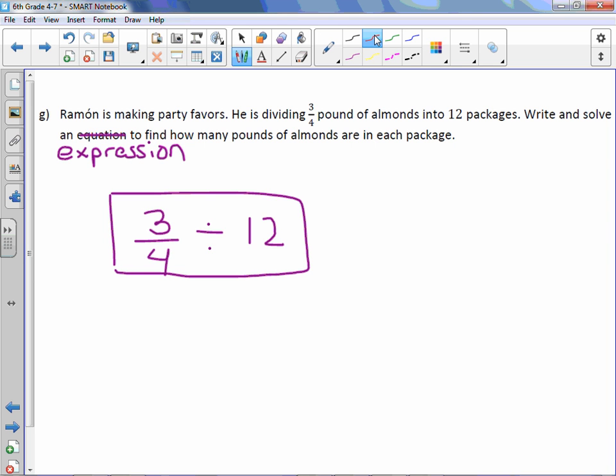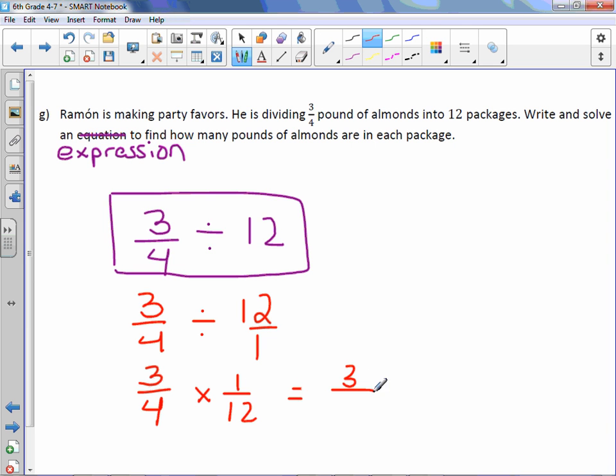Then it's asking you to solve. So this is really 3/4 divided by 12 over 1. But then I will not divide. I will multiply by the reciprocal. And I get 3 over 48. I can then divide by 3.